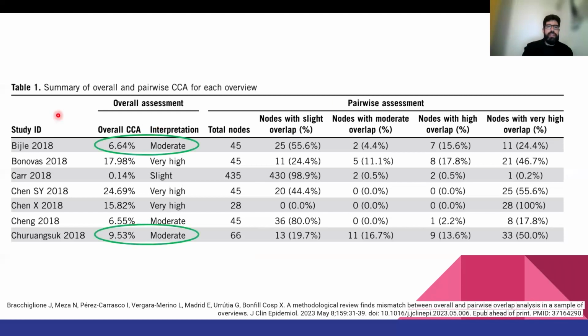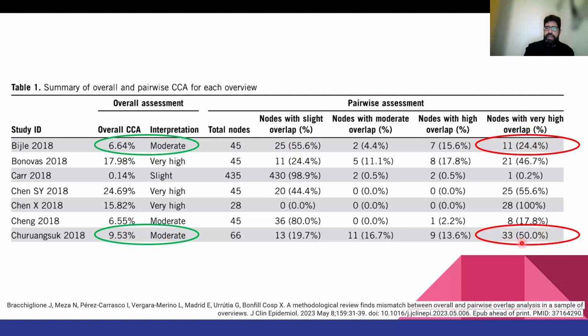So what we saw is that, for example, some overviews had a moderate CCA, for example, 6.6 or 9.5, which is not too much. But when we looked at the pairwise assessment, we saw an important proportion of specific pairs of systematic reviews that had a very high overlap.